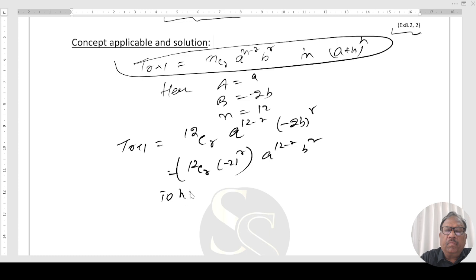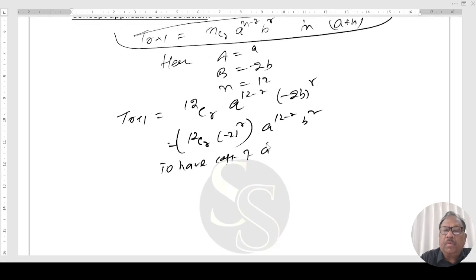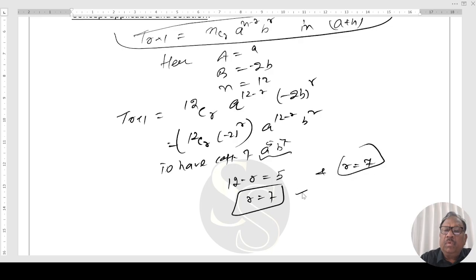To have the coefficient of a to the power 5 b to the power 7, 12 minus r should be equal to 5 and r should be equal to 7. r equal to 7 means it is matching, means the term exists.